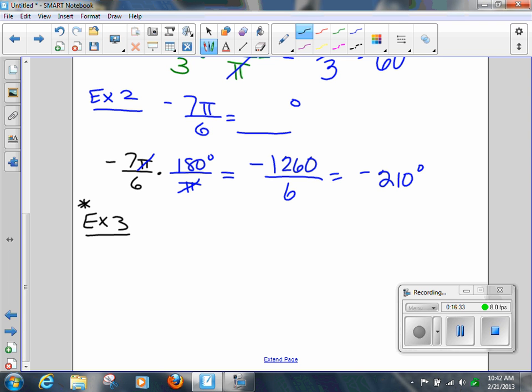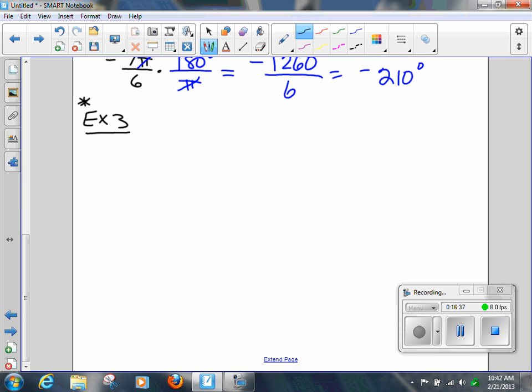Hey, what if I'm dealing with this right here? This one deserves a star. What's this talking about? 5 radians. What's missing? The pi's missing. So what does this mean?